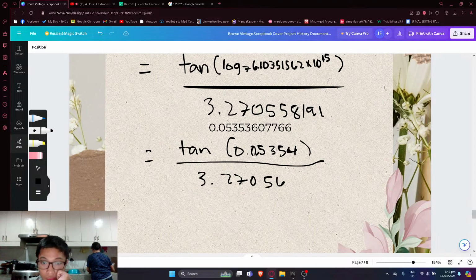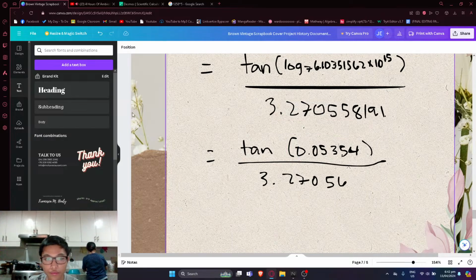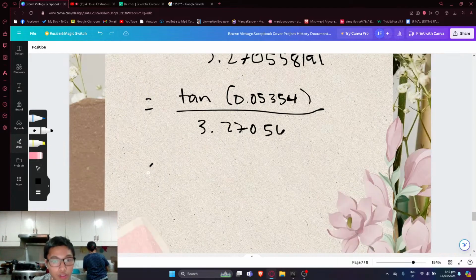Tama. 27056. Now let's simplify this further.